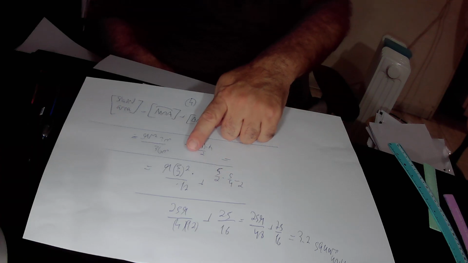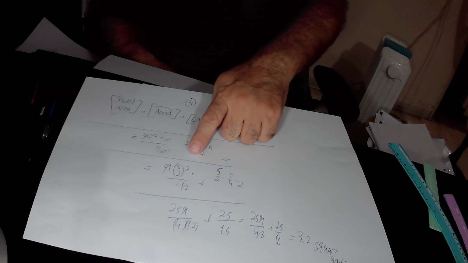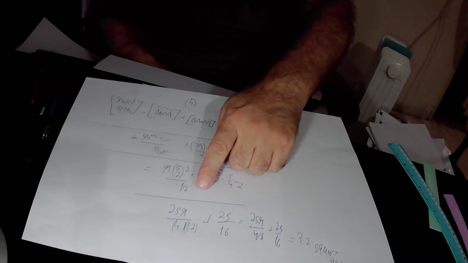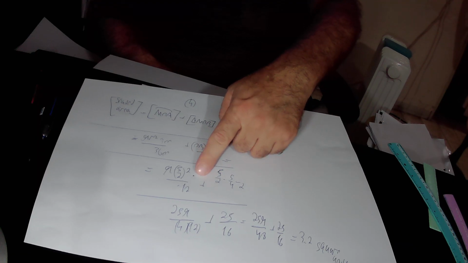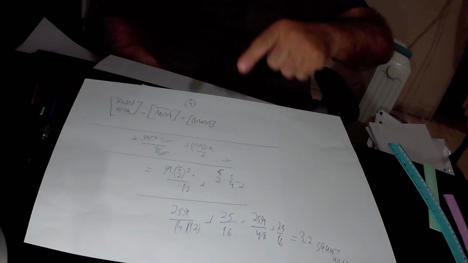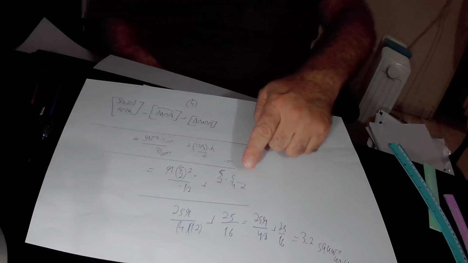So in total, pi times 5 over 2 squared is equal to 25 pi over 4, and we multiply it by 1 over 12. Here we have 5 times 5 is 25.